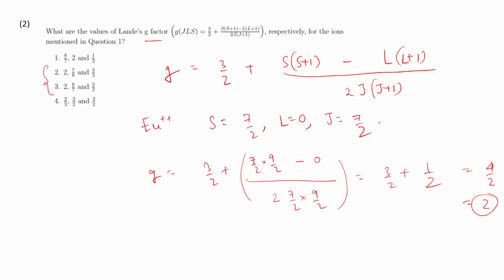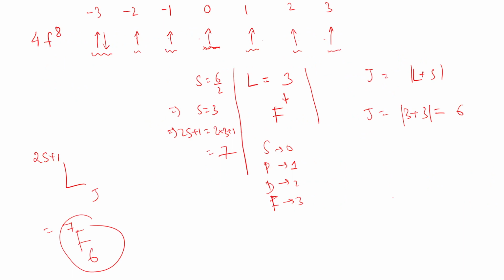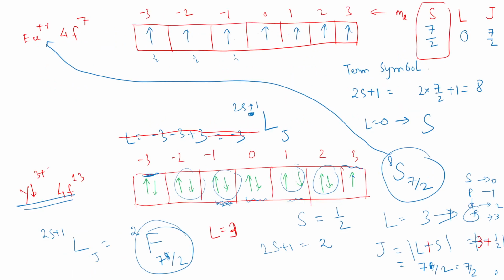So 2 is there in this option and in this option. So let us find for the second ion. For the second ion, L is equal to 3, S is equal to half, and J is equal to 7 by 2.